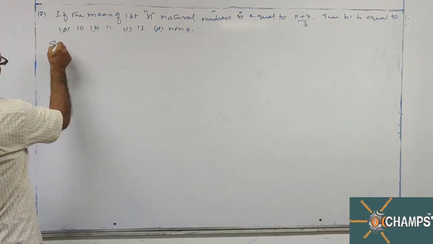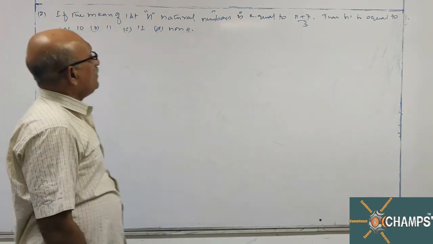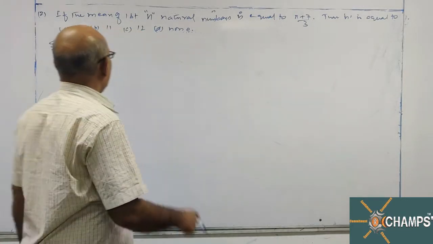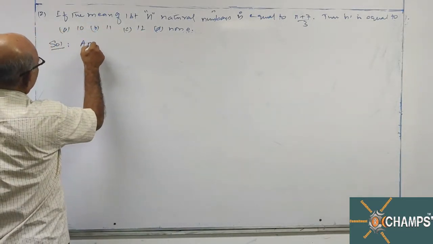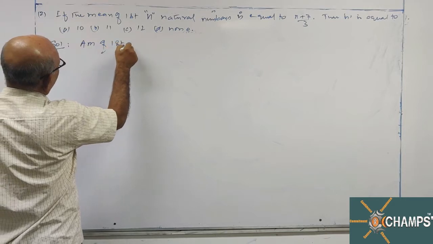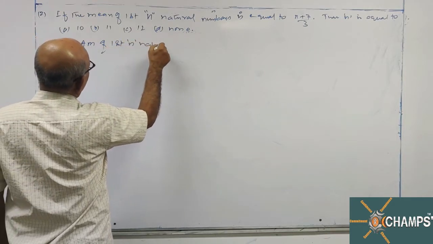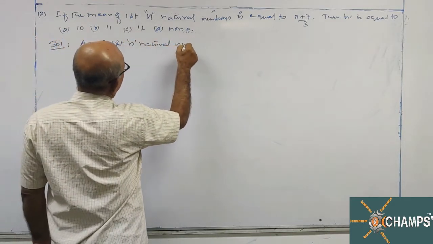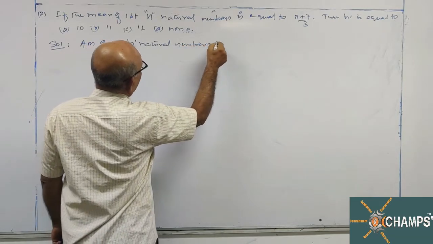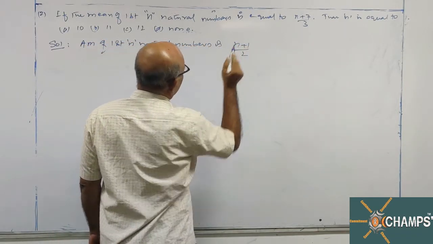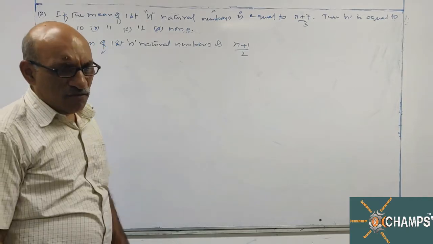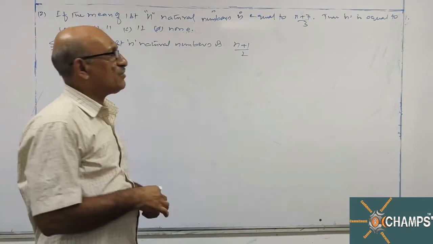Now see the solution. Arithmetic mean of first n natural numbers is n plus 1 by 2.